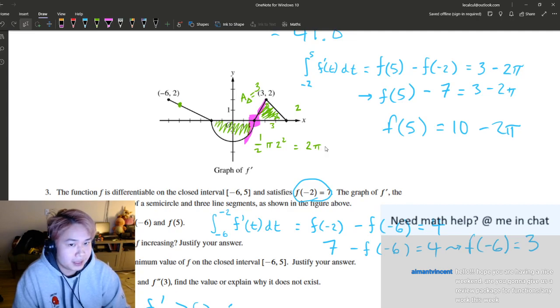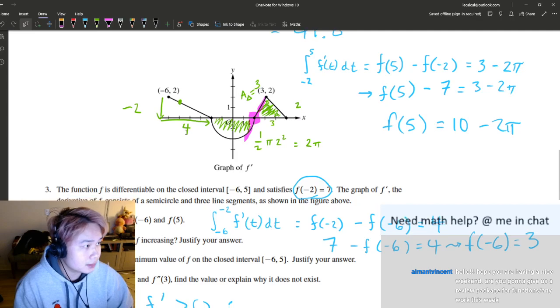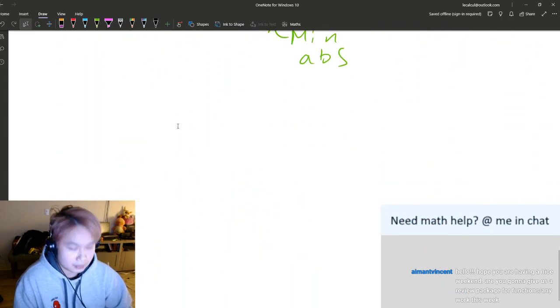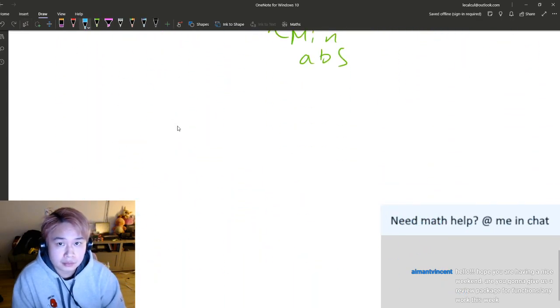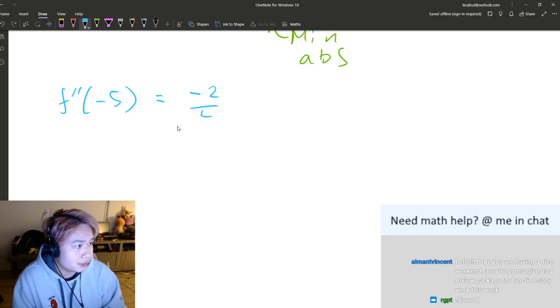And this slope is pretty straightforward because it goes down 2 spaces and then to the right 4 spaces. So the second derivative of negative 5 is negative 2 over 4, which is negative 1/2.